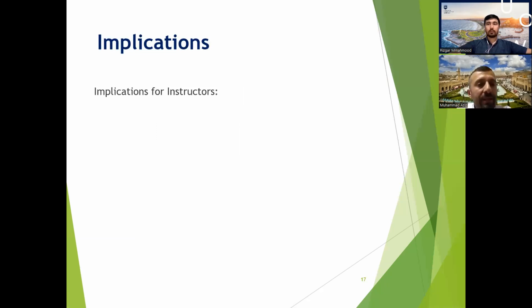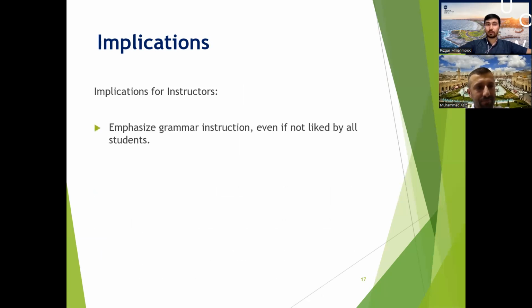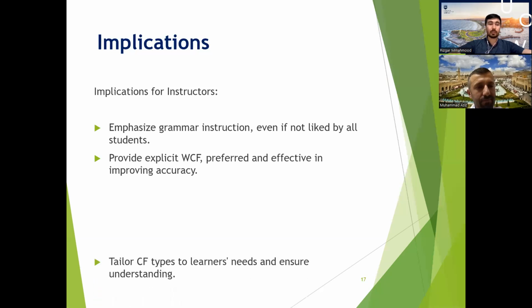The implications, dear Mr. Rizgar, would you please? Yeah, so there are some implications from our research. The first implication is for instructors. The importance of the research is that it emphasizes grammar instruction, even if maybe not liked by all the students. The second one is providing explicit corrective feedback, which is preferred and effective in improving accuracy, specifically writing accuracy.